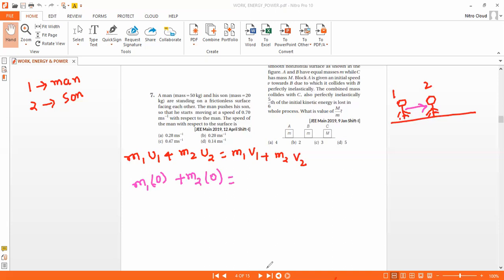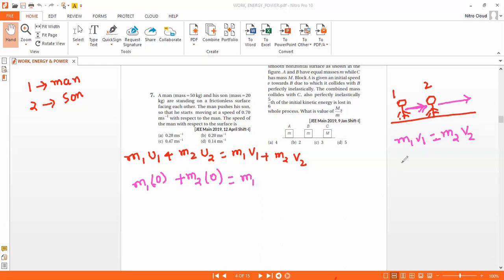After the push, the son is moving in this direction. So I can say that momentum of the man is equal to momentum of the son.